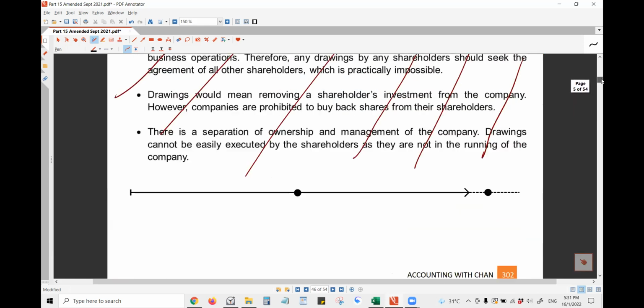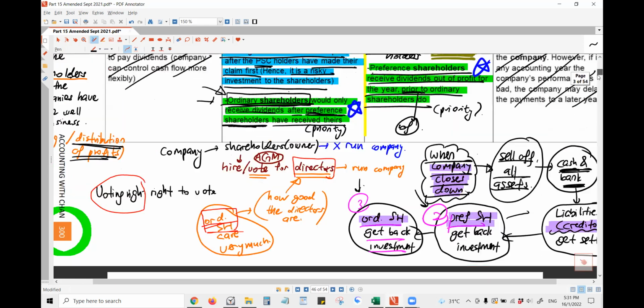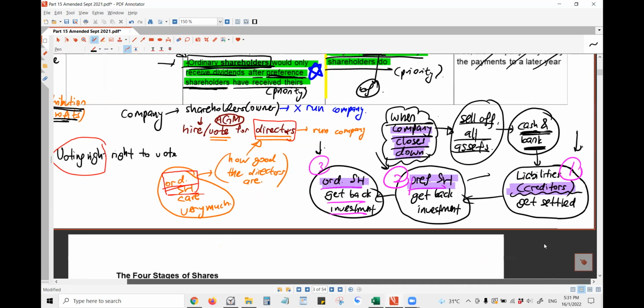It is the diagram I asked you to draw just now. When the company closes down, what happens? All the assets would be sold off and turned into money. Creditors would get back their money first, followed by preference shareholders. Lastly, ordinary shareholders get back their investment. So true. Okay, next sentence.